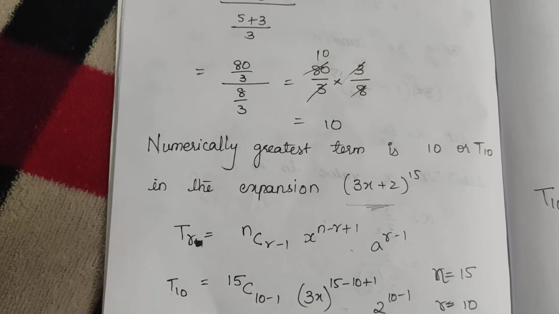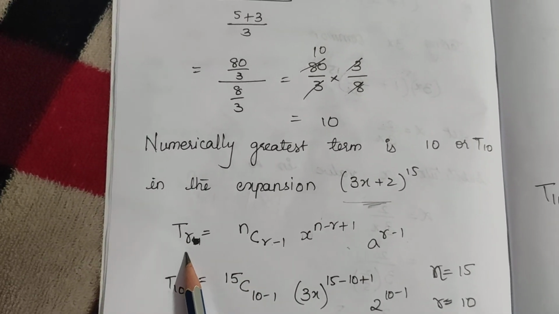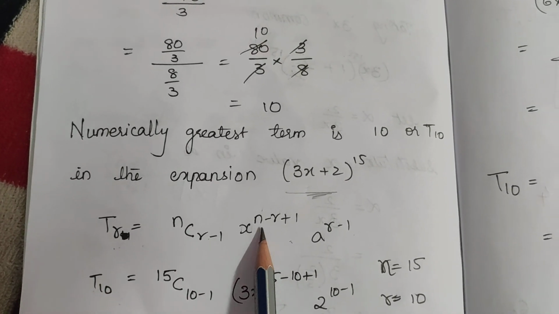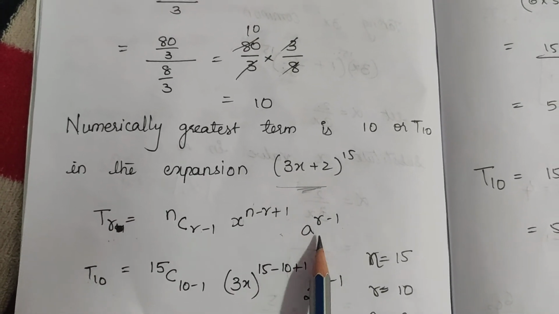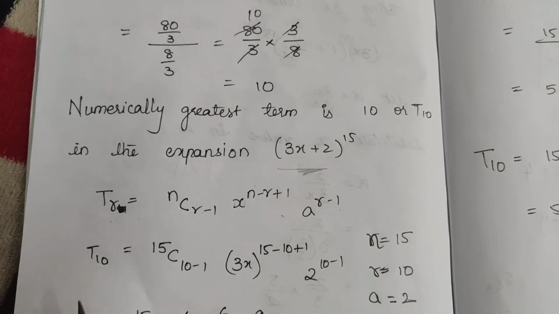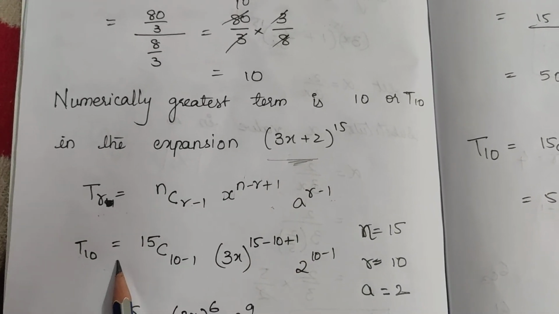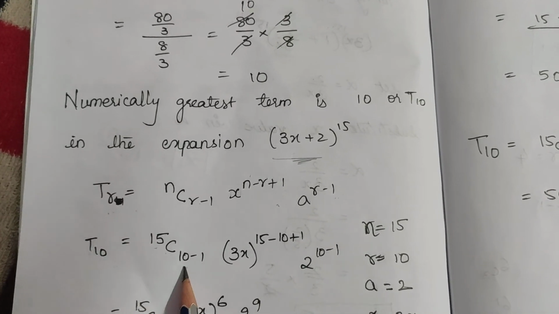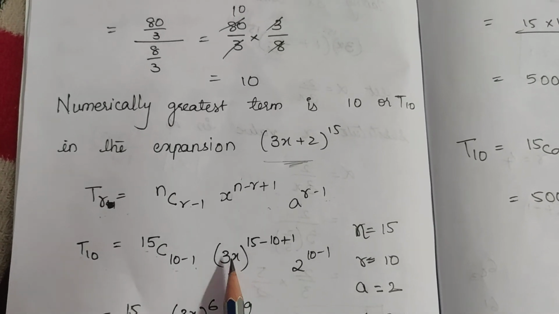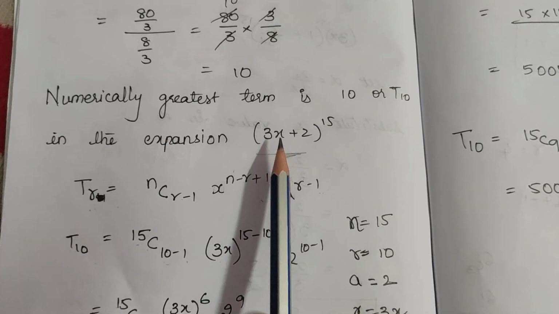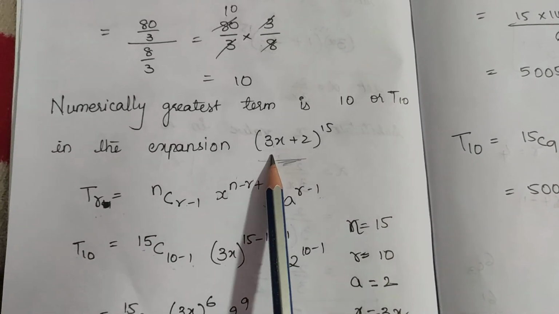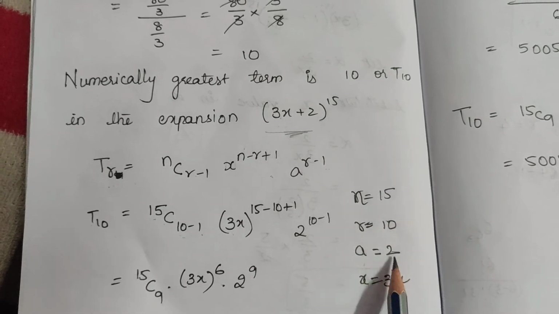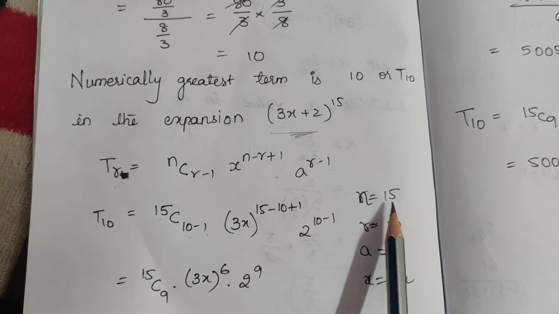To find any term we have to apply this formula. T_r is equal to nC(r minus 1) x to the power (n minus r plus 1) a to the power (r minus 1). T10 is equal to n is 15, C of the 10th term, 10 minus 1, x is nothing but 3x, and this is a. x is 3x, a is equal to 2, r is the term, n is the power.